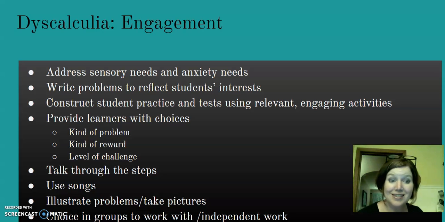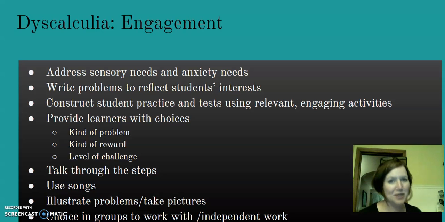Provide them with choices. So maybe they can decide what kind of problem they want to do, or maybe the kind of reward that they're going to do for a certain amount of effort, or maybe present 3 problems of increasing challenge and let them choose what they think that they're ready to accomplish, but all within meeting the goal.